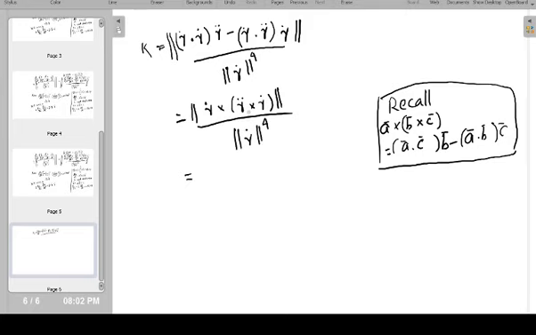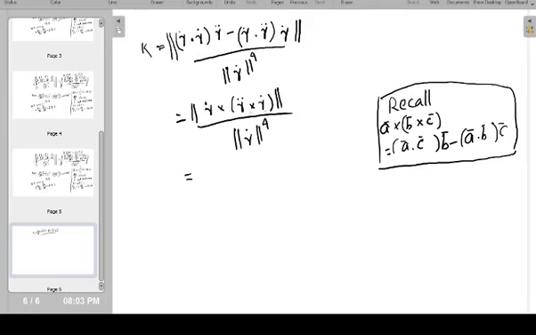Now look at gamma double dot cross gamma dot. What is this? This is a vector perpendicular to both gamma double dot and gamma dot. I will use the fact that gamma double dot cross gamma dot is perpendicular to the second vector gamma dot.